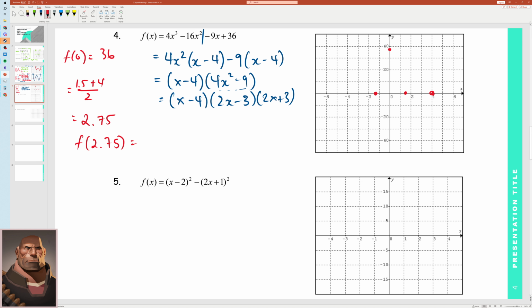Let me fix that. 2.75 to the exponent of 3, and then take away 16 times 2.75 squared, and take away one more time, 9 times 2.75, and then add 36, giving me decimal negative 26.5. Okay, so negative 26.5 is about here.